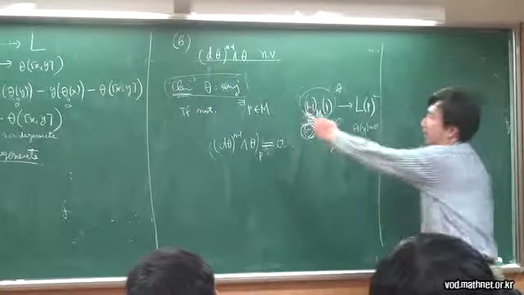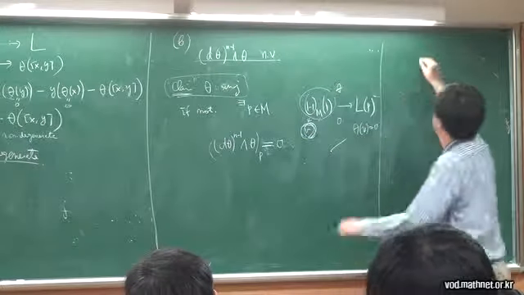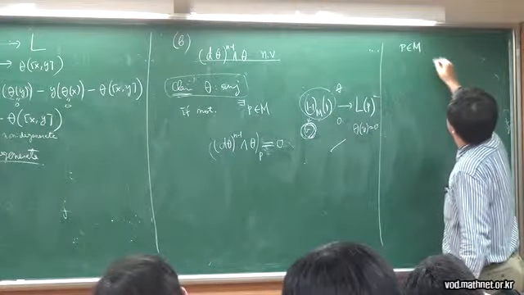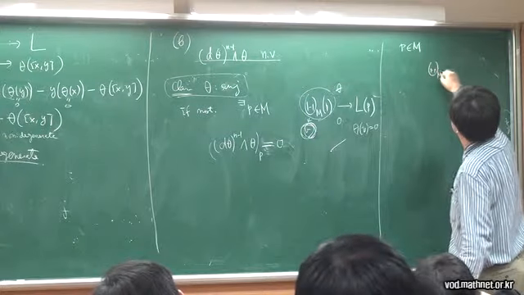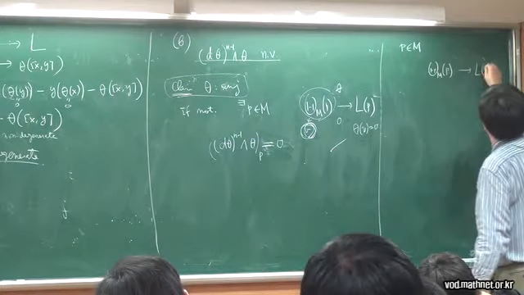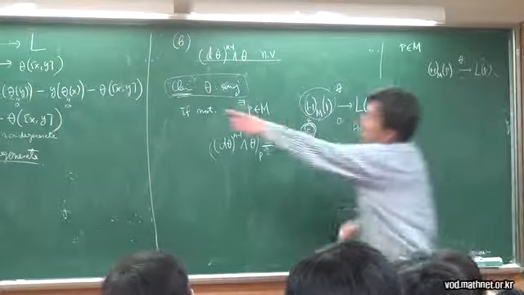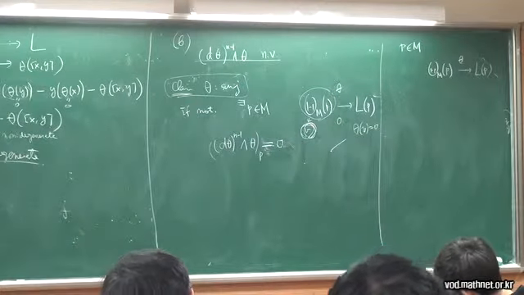So if theta is surjective, then for every point p, you have the following exact sequence.